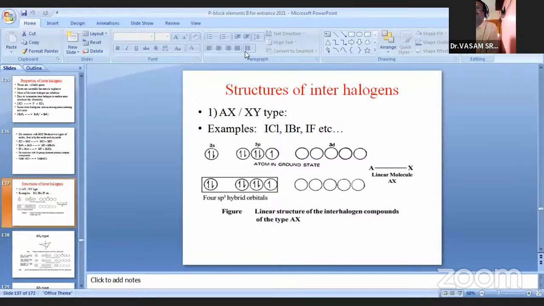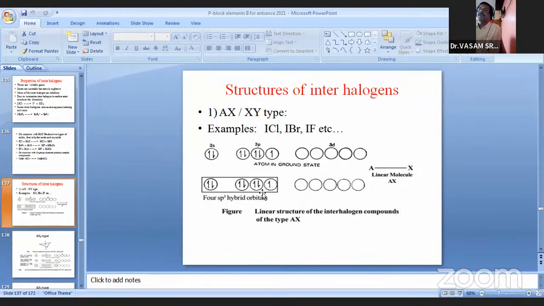The central iodine ground state electron configuration is 5s2, 5p5, 5d0. Even in the ground state, without excitation, the chlorine p orbital overlaps with the unpaired p orbital of iodine. This is the formation of 4 sp3 orbitals: one s orbital and 3 p orbitals of iodine combine to form sp3 hybrid orbitals.